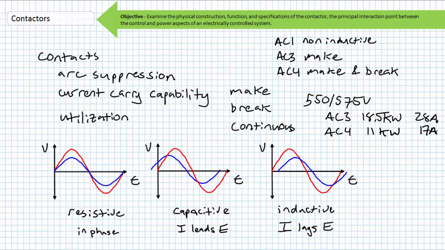The contactors we examined were electrically held contactors, in that the coil must continually be energized for the power contacts to remain closed. If the coil lost current, the contacts would open. Additionally, there exist mechanically held contactors that require two coils to operate, one being a latch coil, the other being an unlatched coil.